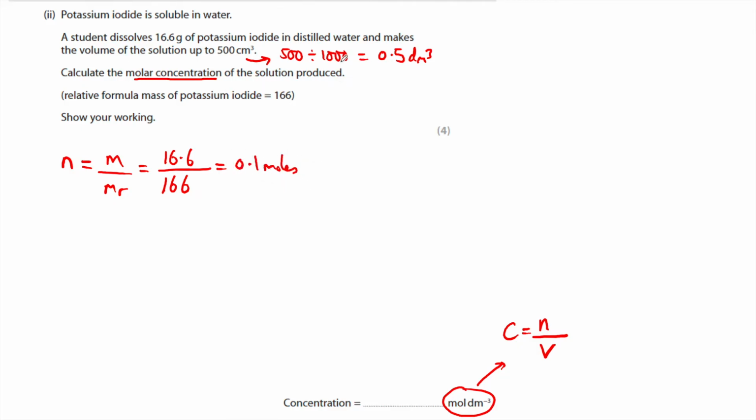We've already converted the volume into decimeters cubed, so finally concentration is the number of moles over the volume. The number of moles is 0.1 and the volume is 0.5, and that gives you an answer of 0.2 moles per decimeter cubed.